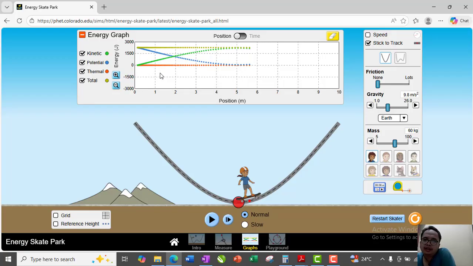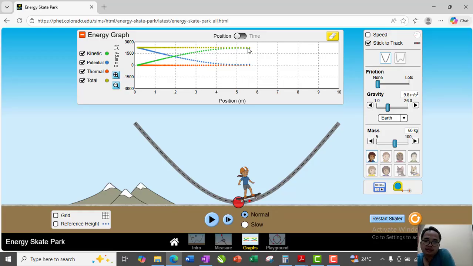We can say that the potential energy, the blue line, decreases, and the kinetic energy, the green one, increases, but the total energy, kinetic plus potential energy, remains constant.